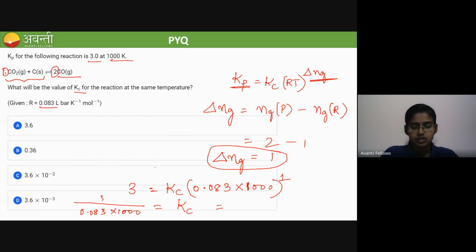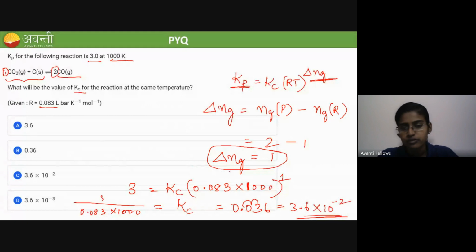We will get 0.036, or I can shift 2 digits and write 3.6 into 10 power minus 2. This is the value of Kc, so option C is the correct answer. Got it? From the relationship between Kp and Kc, we arrive at the answer for this question. Any doubt from this question? Shall I move on to the next question?